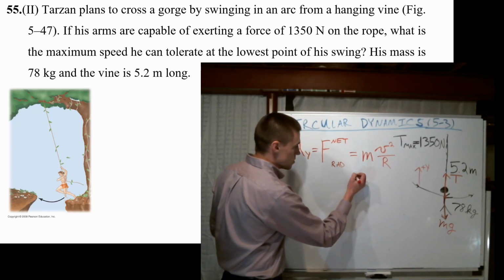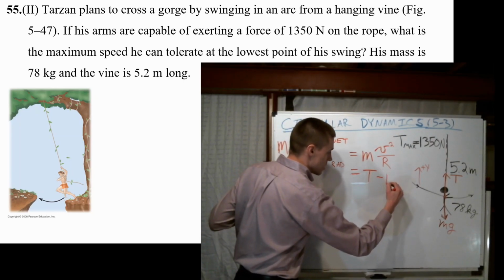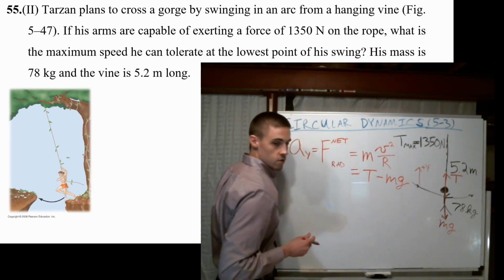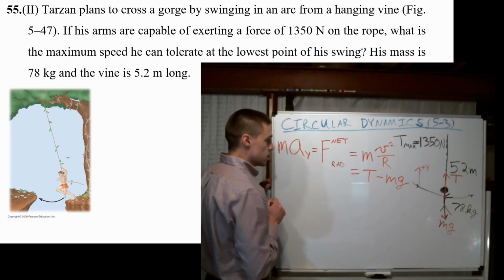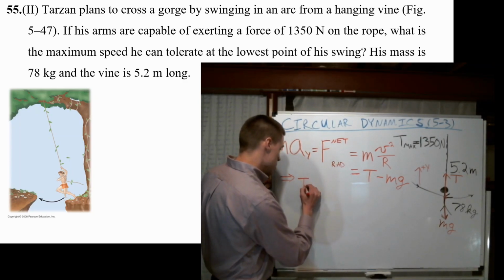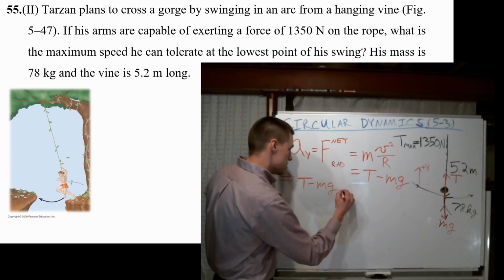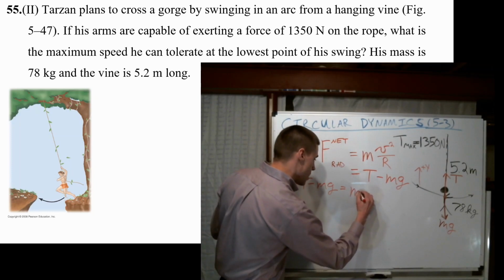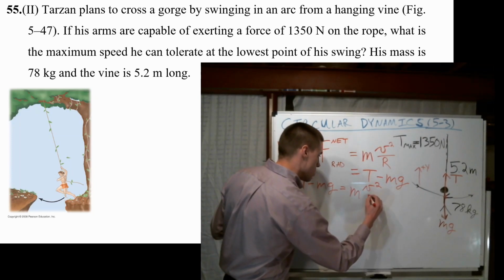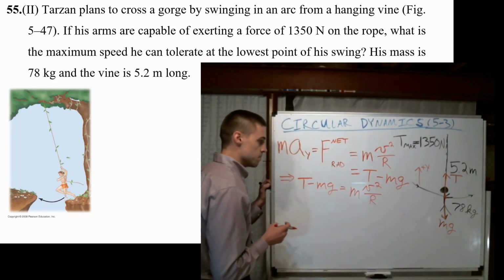So this will be equal to the tension force going up minus mg, since the weight is pulling down. So here we have tension minus the weight is equal to m v squared over r. r is the length of the vine.